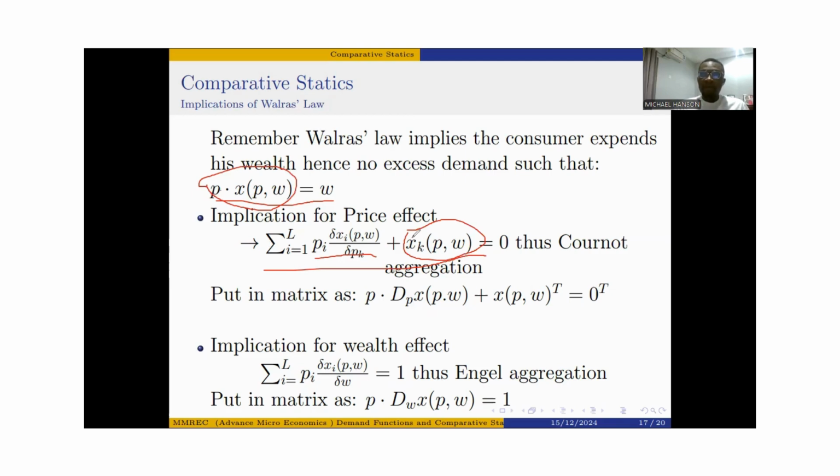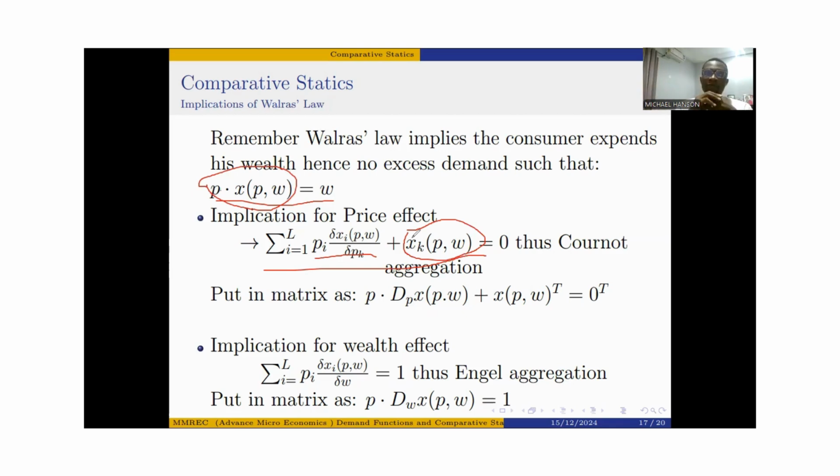Now, it suggests that whenever the price changes and the proportion of wealth that you use to consume that commodity are the same, then there should be no effect on the bundle that you bought before. So the amount you buy before, the amount you buy now would also be the same.